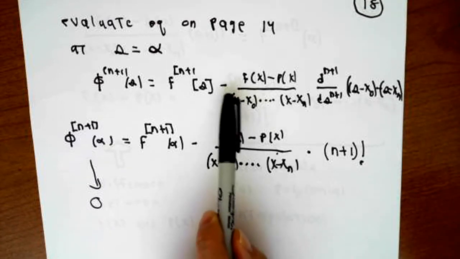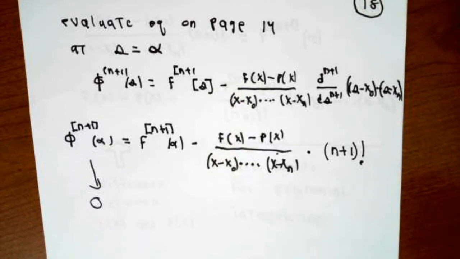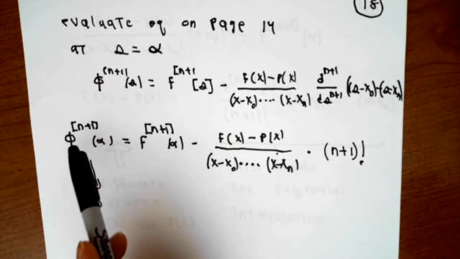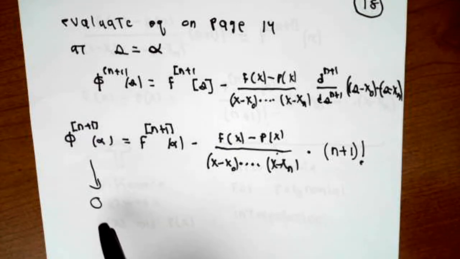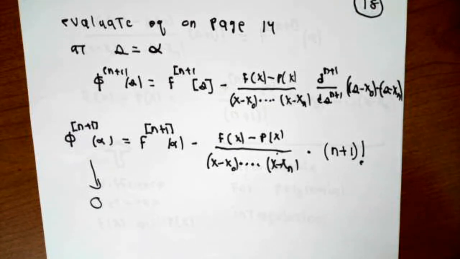Now, you'll notice that the n plus first derivative of p of x is not in the formula anymore. That's because we figured out no matter what, that's going to come up 0, so there's no need to write it down anymore. Using the fact that the n plus first derivative of phi at alpha is 0, we can finally get close to our answer.